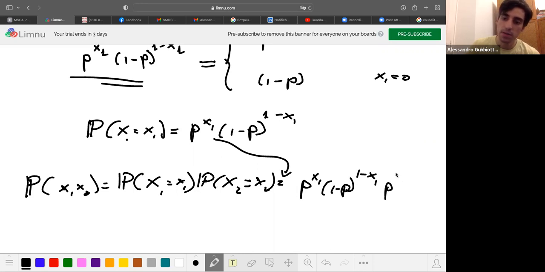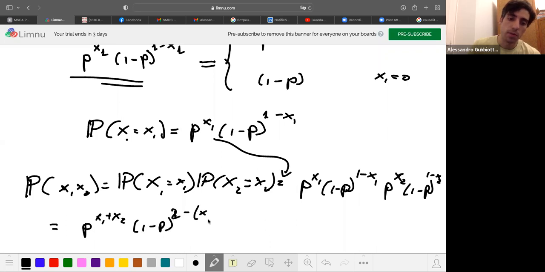And the second factor is simply, instead of x1, we put an x2. The probability that the second coin has result x2 is equal to p to the power x2 times 1 minus p to the power 1 minus x2. And this is equal to p to the power x1 plus x2 times 1 minus p to the power 2 minus x1 plus x2.